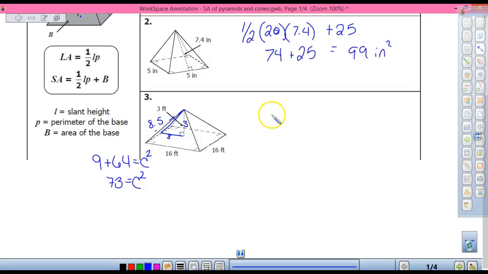So surface area equals 1/2 times my perimeter, 64, times my slant height, 8.5, plus the area of my base. What is it? 256.